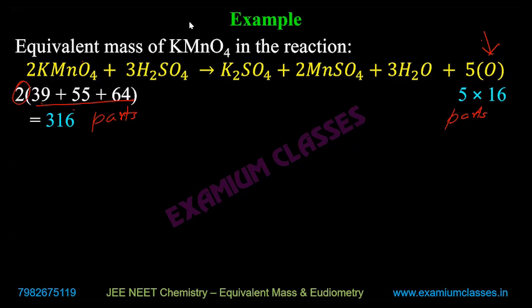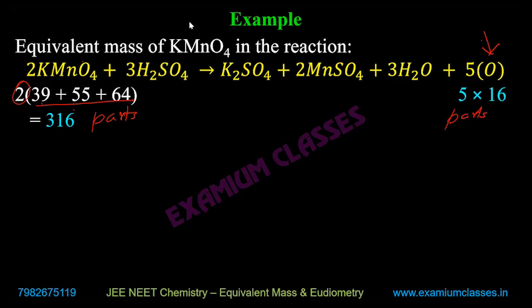Equivalent mass is the number of parts by mass by which a substance displaces 8 parts by mass of oxygen, 35.5 parts by mass of chlorine, and 1 part by mass of hydrogen. Right. Yes, continue.